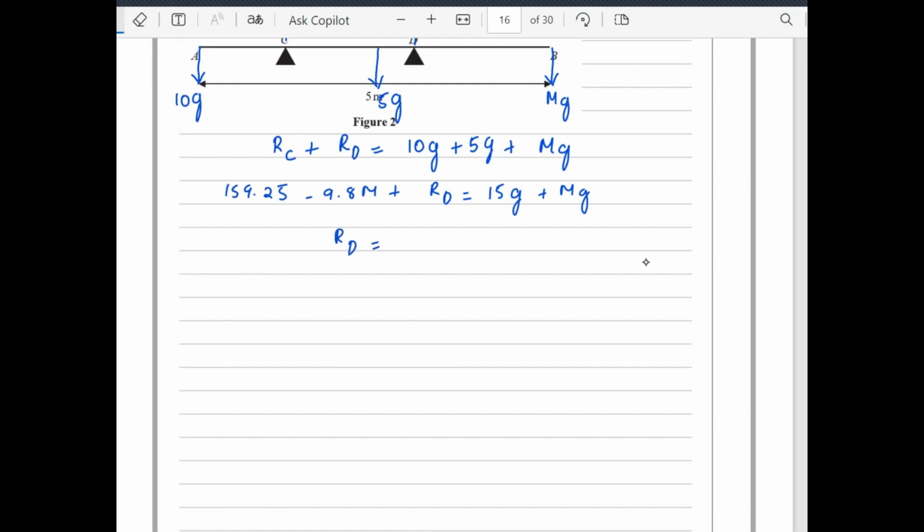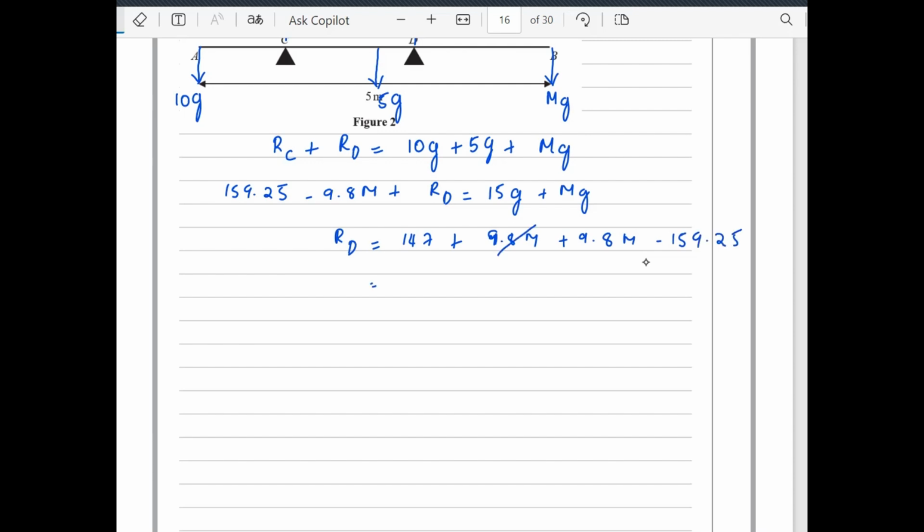So 15g, 15 into 9.8, is 147, plus mg. G is 9.8, so that becomes 9.8 m. Minus 9.8 m goes to the other side, it becomes positive 9.8 m, and 159.25 goes to the other side, it becomes minus 159.25.